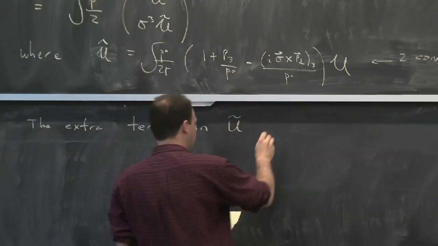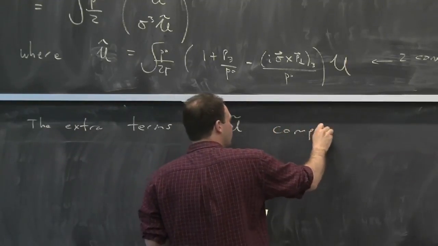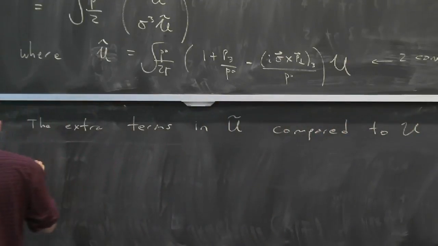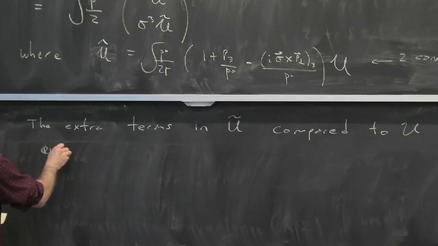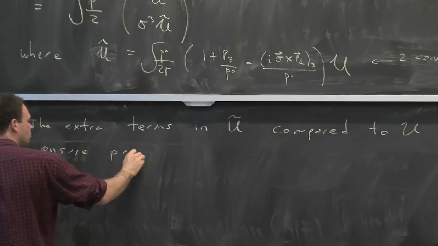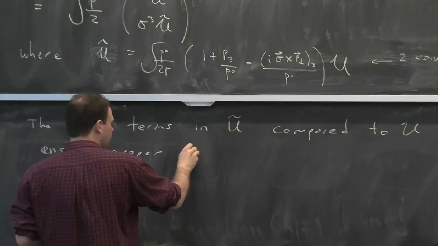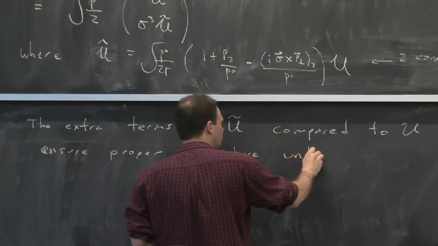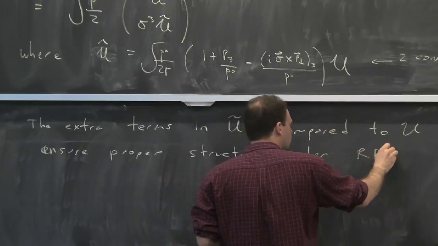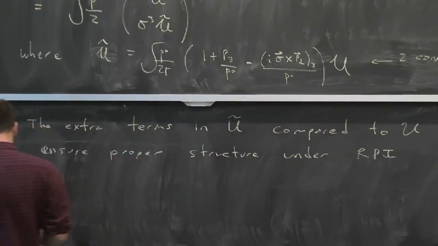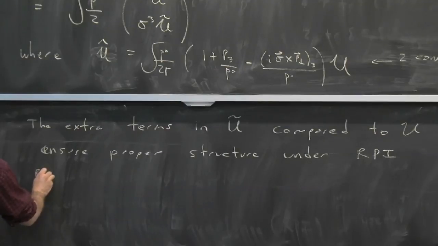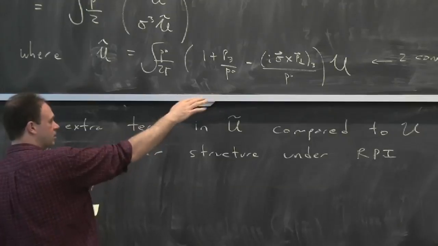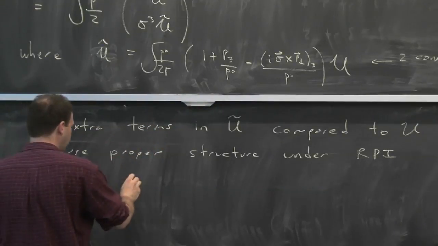But these extra terms in U twiddle, relative to those for the other guy, the simple U, actually ensure the proper structure under reparametrizations. And basically, it'll become clear in a moment, but basically, if we wanted to get this U spinner, we should have a slightly different projector.